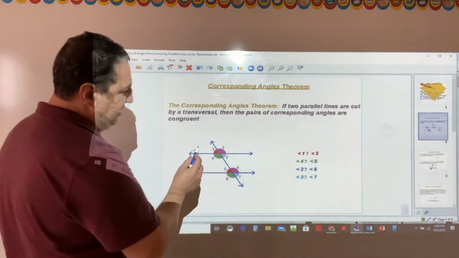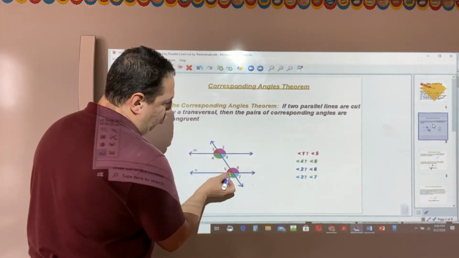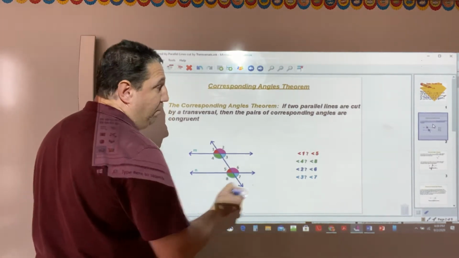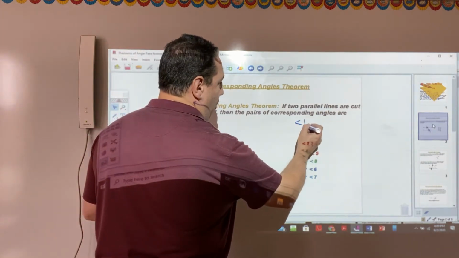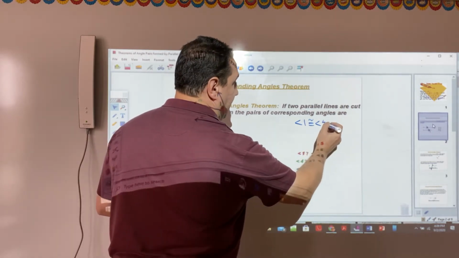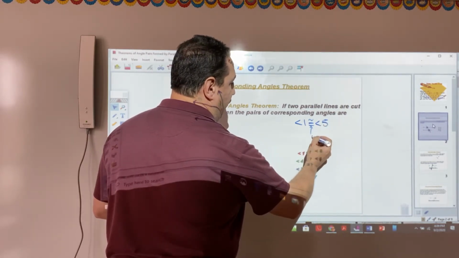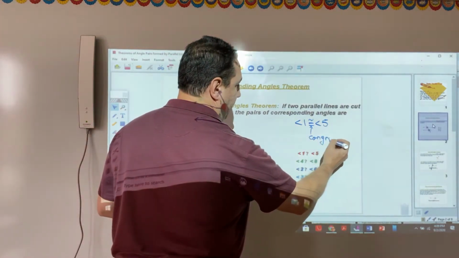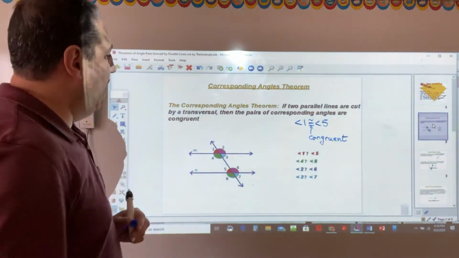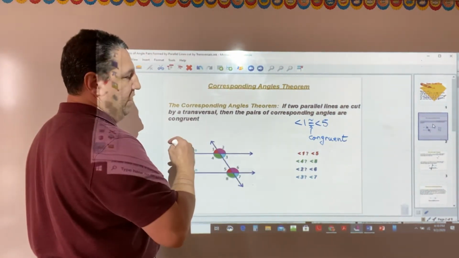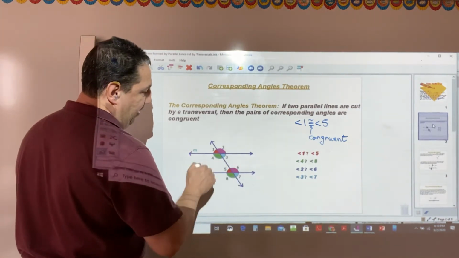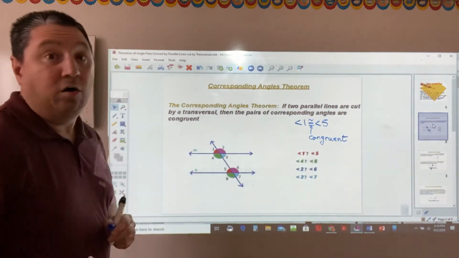So, as we can see, angles 1 and 5 are corresponding. So, angles 1 and 5 are congruent. Remember, this is the symbol for congruent. Their measure is the same. Other corresponding angles are angles 4 and 8. 4 and 8 are also corresponding.